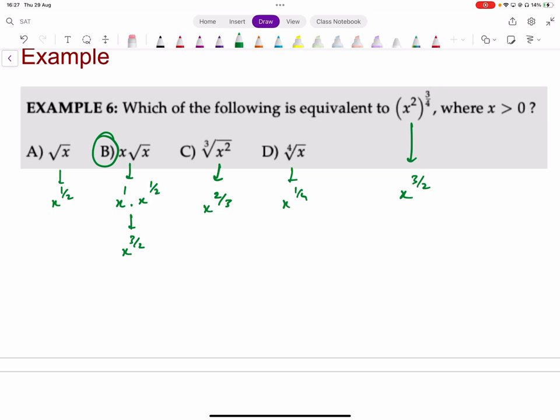That's equivalent to that. Yeah, you can do that. It doesn't cancel out, but what you're saying is under root x whole squared into under root x, and that gives us under root x whole cube, which is x power 3 over 2.